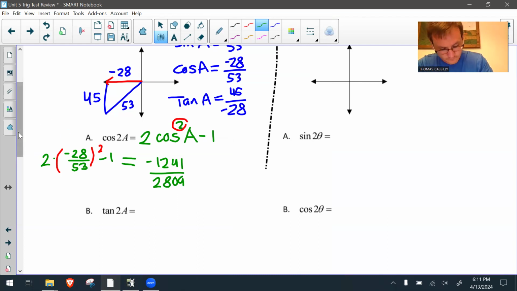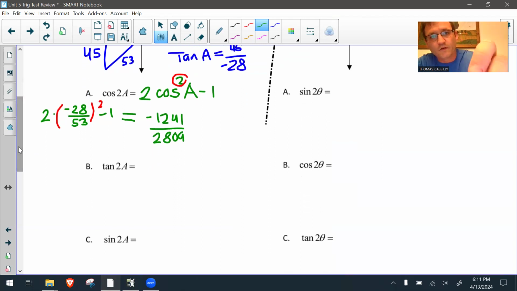The tangent. Tangent identity, of course. It's a fraction.